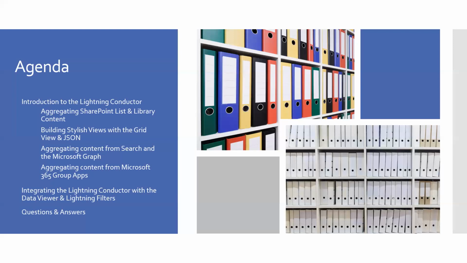And the new feature that we announced this year was also the ability to query from Microsoft 365 groups. So of course now when we're creating modern sites, every single time we create a new SharePoint site, we're actually creating a Microsoft 365 group. And that Microsoft 365 group is not just the SharePoint site, it's also a Planner plan.